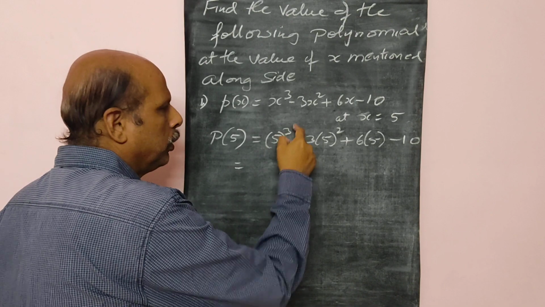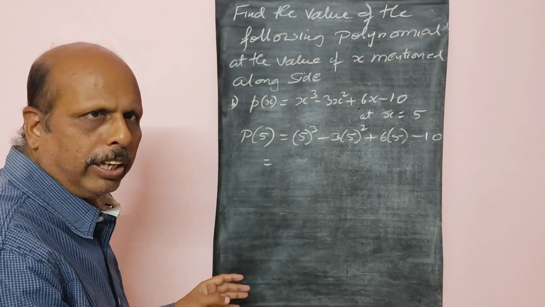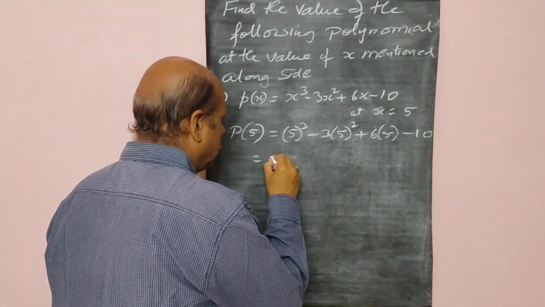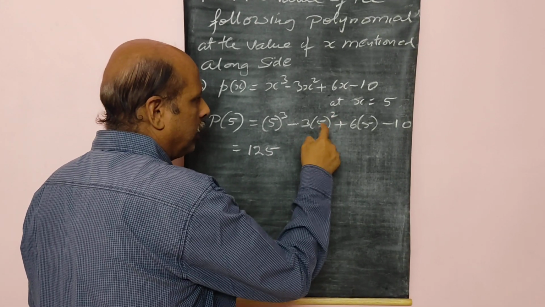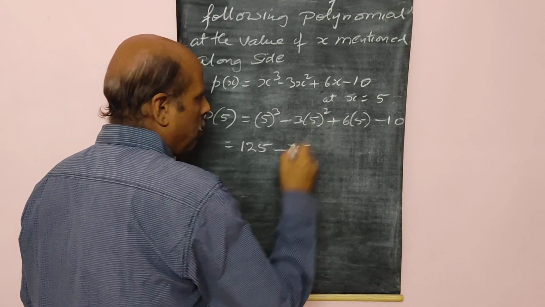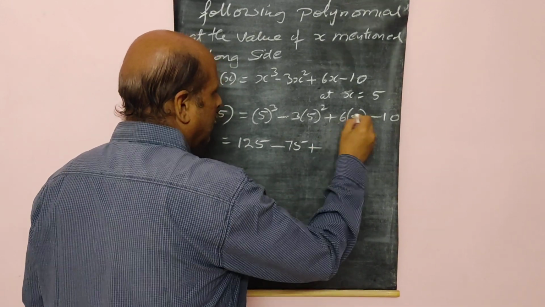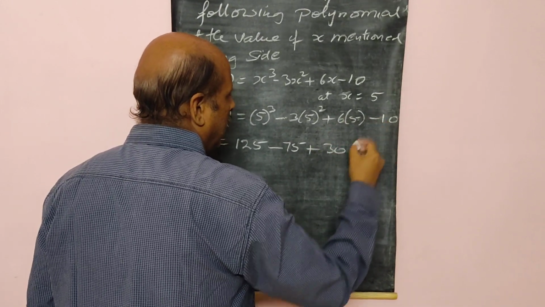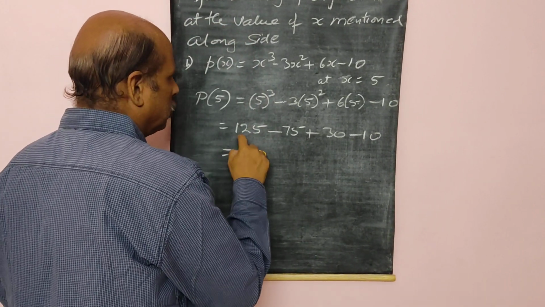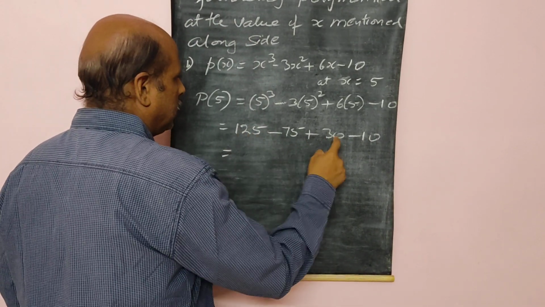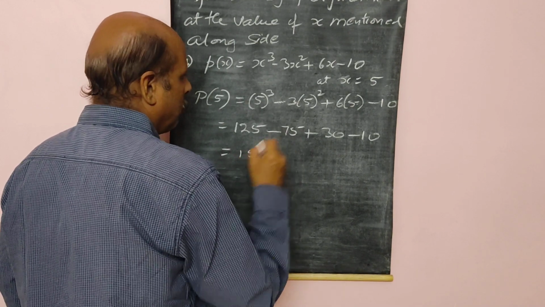Now 5 cube, 5 into 5 into 5, 5 5s are 25, 25 5s are 125. 5 5s are 25, 25 3s are 75, minus 75. Plus 5 6s are 30, minus 10. Okay. Now you add the two positive numbers. 125 plus 30 is 155.